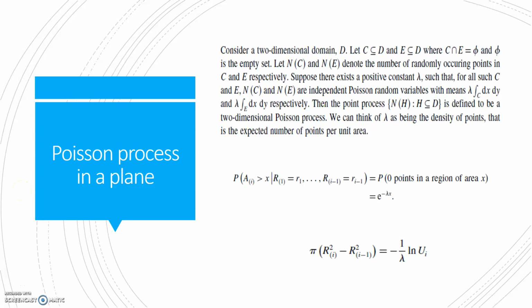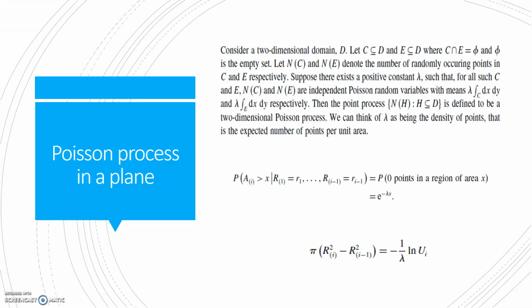Alright, so if we talk about a Poisson process in a plane, the scenario is that we consider a two-dimensional domain for which C and E are both parts of that domain, but the intersection of C and E equals an empty set. Basically, we can think of lambda as being the density of points that is expected, that is, the expected number of points per unit area.